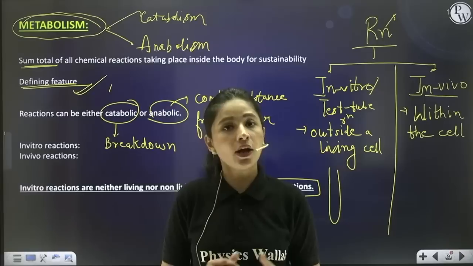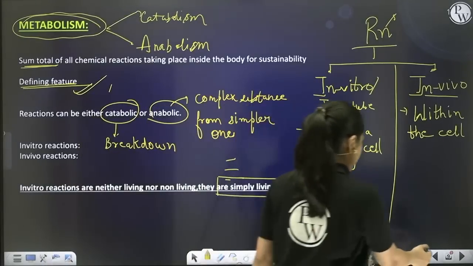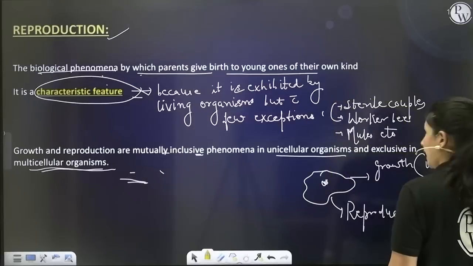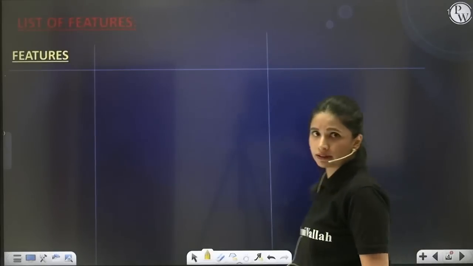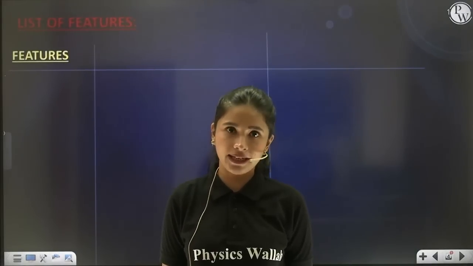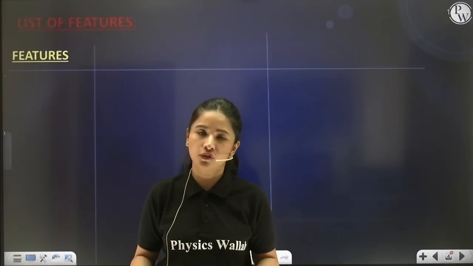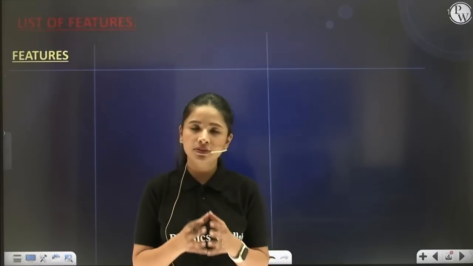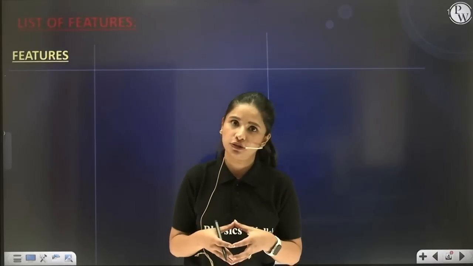So all living organisms, without any exception, show cellular organization. All living organisms follow cell theory without any exception. Cell is the basic structural and functional unit of life. So living organisms exclusively exhibit cellular organization.